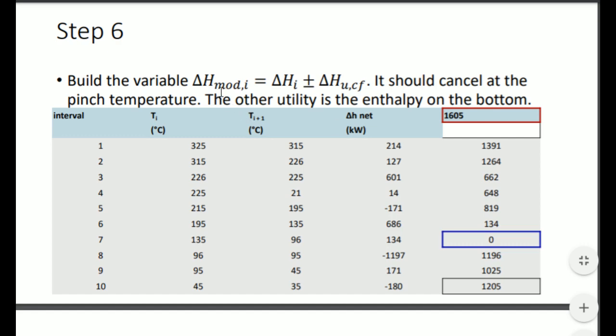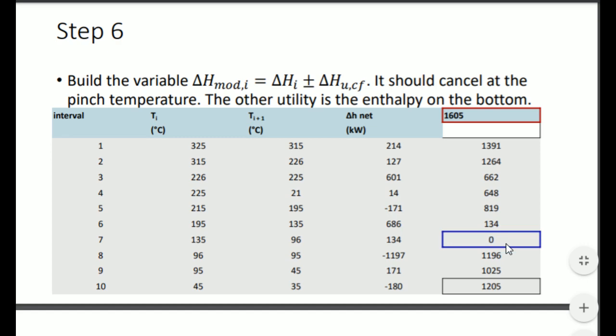Now we build a second variable that is shifted by 1605, and then we add it to the other side. Remember, we had minus 214, and when we add it, we get this number. So we get this process, and notice that in the pinch it is equal to 0.